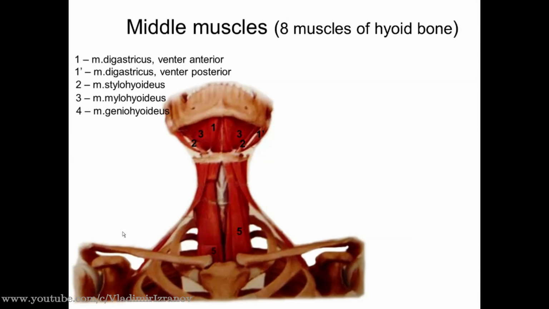Muscles located below the hyoid bone. Number 5, musculus sternohyoidus. You can see in our picture, on the right side, it's cut in 2 places. So number 5 is located here near the sternum and here near os hyoideum.